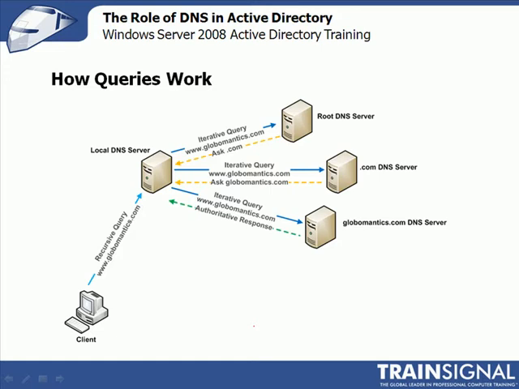Now that authoritative response could have been the IP address of the server that we were looking for, or we should really just say the host we're looking for. It may not be a server. Or that authoritative response could have been, no, that host doesn't exist. But in this case, the host does exist, so it responded back with an IP address, and the local DNS server then sends that IP address back to the client.